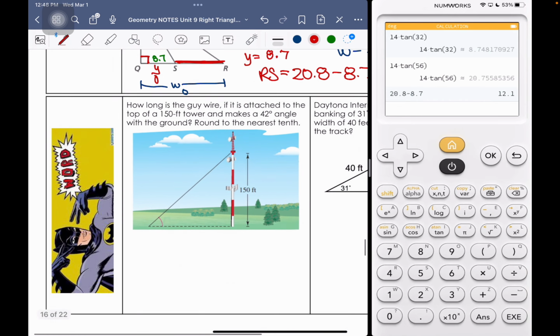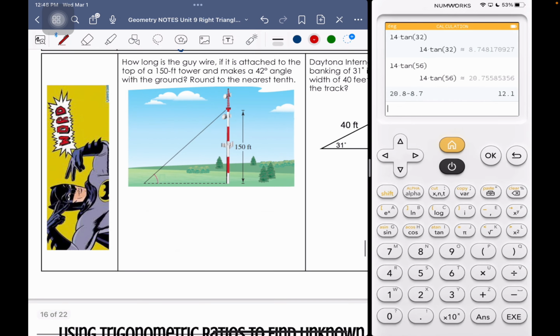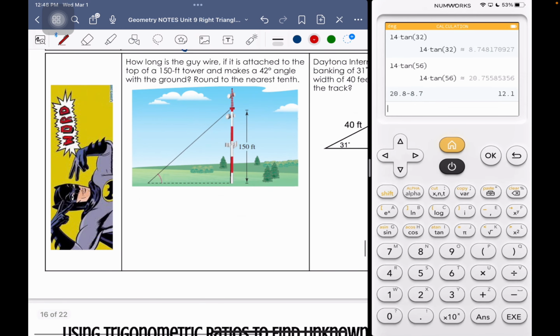Okay, two word problems left. How long is the guy wire if it is attached to the top of a 150-foot tower and makes a 42-degree angle with the ground? So the 42-degree angle with the ground is this angle right here. We want to find how long the wire is, so here is our X. Here's our opposite and our hypotenuse, because the tower makes a 90-degree angle with the ground.